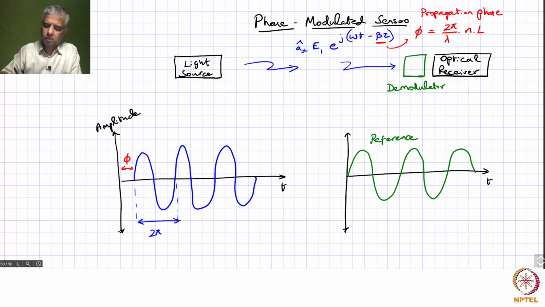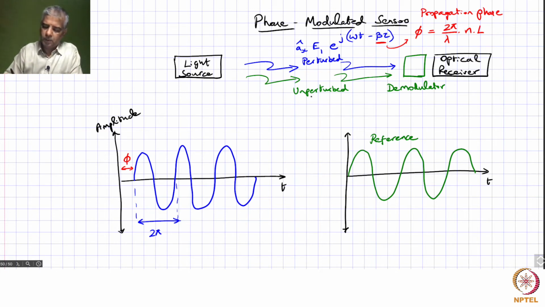So, you are talking about another wave, possibly from the same light source itself, but let us say it is unperturbed, whereas here we are talking about this perturbed light source.